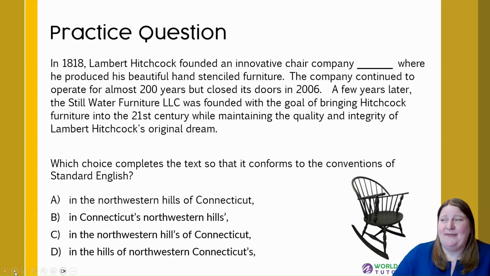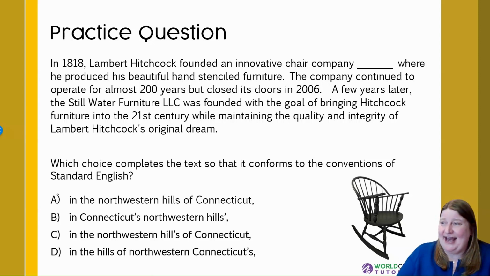Okay, please pause the video, pick your answer. Right? Hopefully you had a moment to do this yourself. Let's look at it together. Here we have, Hitchcock founded an innovative chair company in the northwestern hills of Connecticut, right? And it actually is going to be option A here.